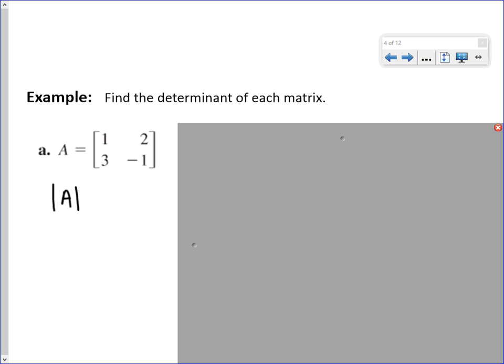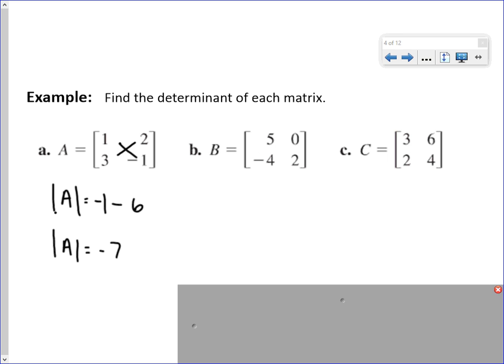I'm going to use the vertical line bars around A. That means the determinant of matrix A. I would do AD, which is negative 1, minus, you're always subtracting the product of these diagonals, and then 2 times 3 is 6. So the determinant of A is equal to negative 7. Remember, the answer to the determinant is not a matrix. It's just a real number associated with that matrix.